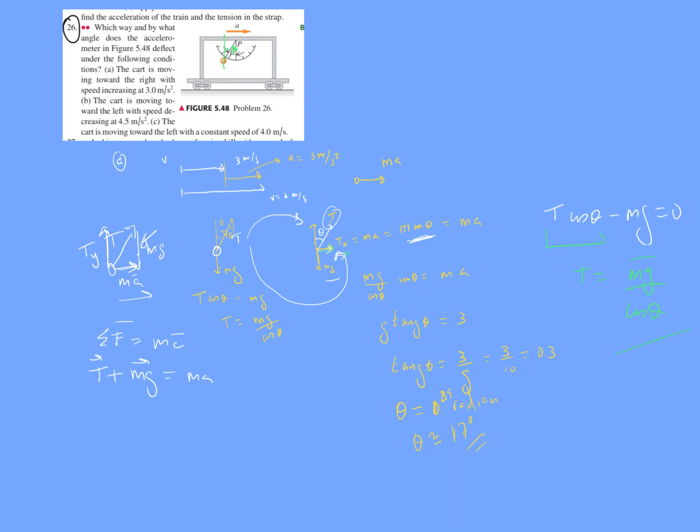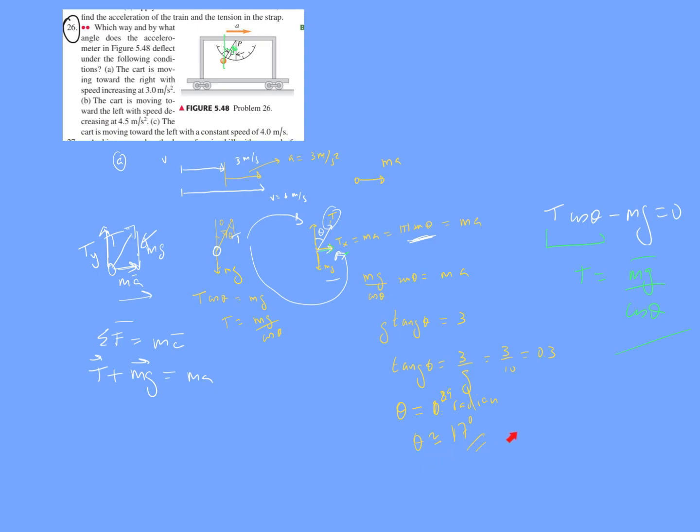The m will cancel, producing g sine of theta over cosine of theta, which is tangent of theta, so g tangent of theta equals 3. So tangent of theta equals 3 divided by g, or 3 divided by 10, or 0.3. So theta will be 0.29 radians, or about 17 degrees.